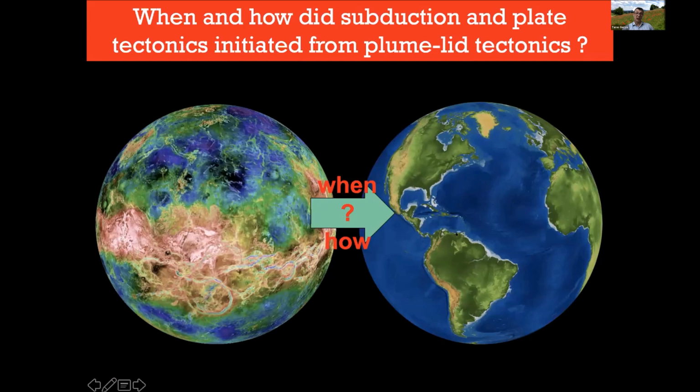Perhaps it was extended in time, but to me, likely this modern style of plate tectonics was established very late in history, mainly due to the secular cooling of the mantle, when all these complexities were deactivated that we see for Venusian type plume lid tectonics. Thank you for your attention, and I give the word to Bob now.